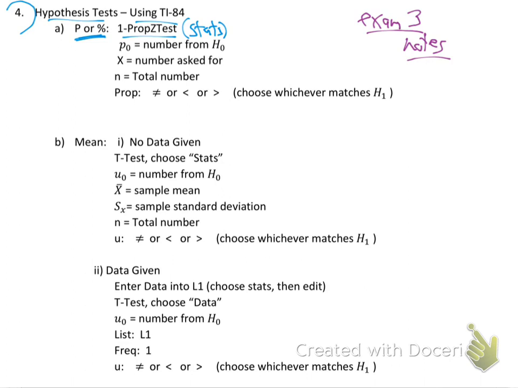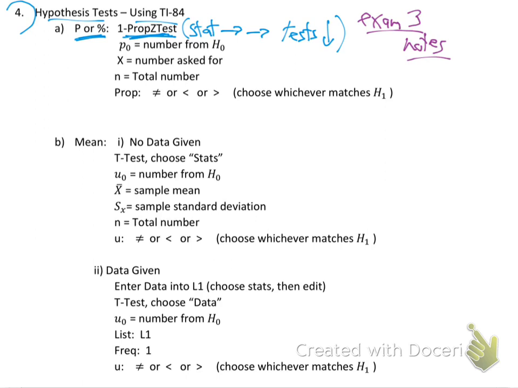Take your TI-84 calculator, hit the stat button, and go over to tests. Then go down to find 1 proportion Z. That's because this is a 1 proportion, this is a Z test.